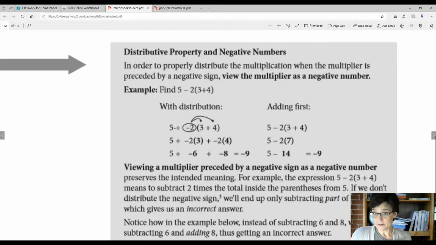With distribution, you're going to take the number that's right beside it. Negative 2 times 3 gives you negative 6. A negative times a positive gives you a negative. Plus negative 2 times 4, which gives you negative 8. So you are left with 5 plus negative 6 plus negative 8, which equals negative 9.